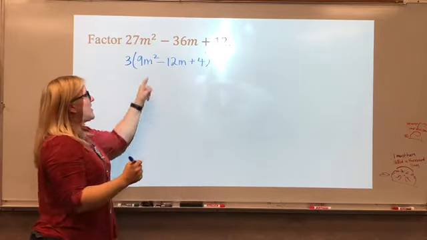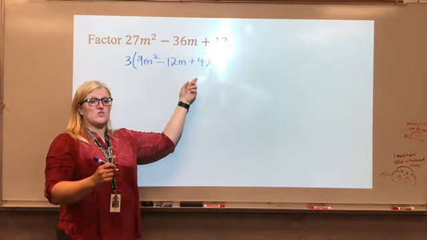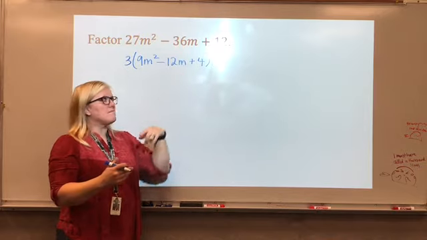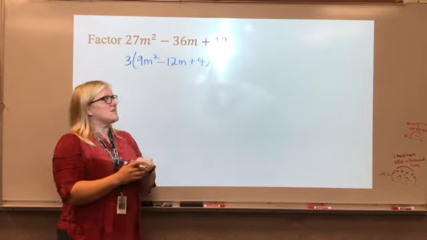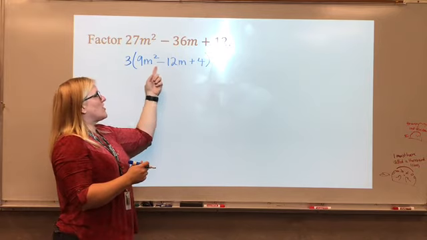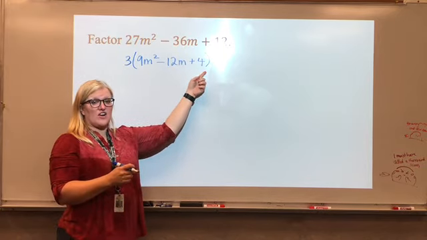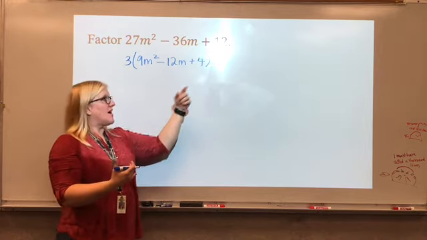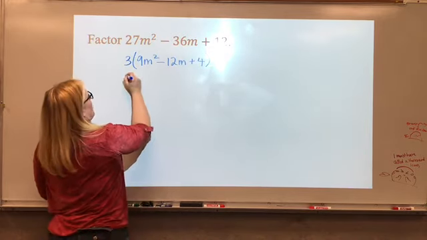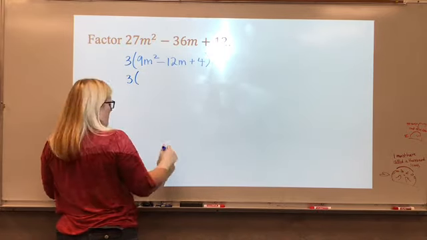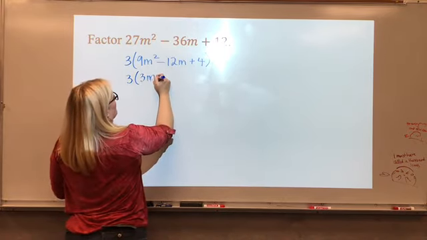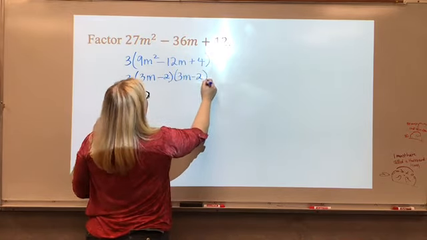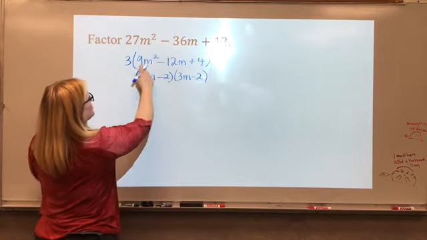Now again, I could use guess and check, I could use the X-box method, that would work. But one thing I want you to notice is when we have a perfect square here and a perfect square here, I do guess and check, and I always take the square root of those to see if that works. So I'm going to do 3m minus 2 times 3m minus 2. Actually, I'm going to leave the 3 out for now, so I'm just doing this middle one.